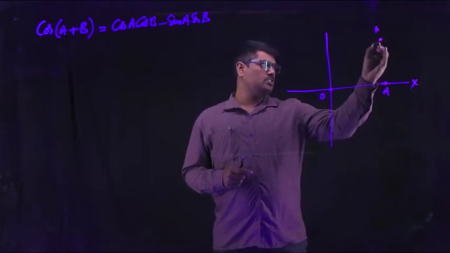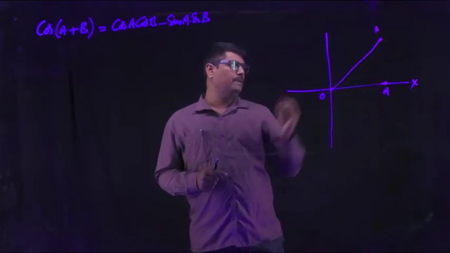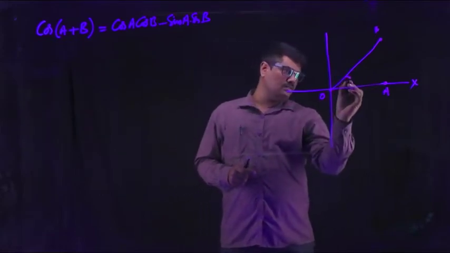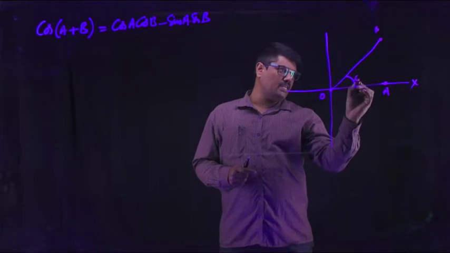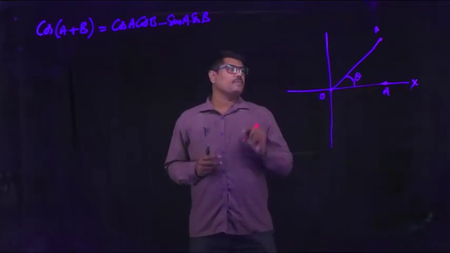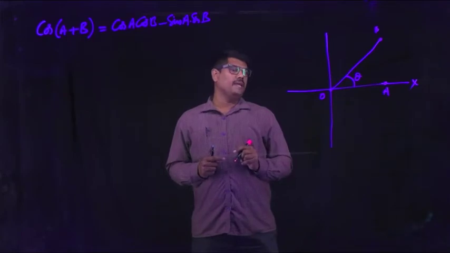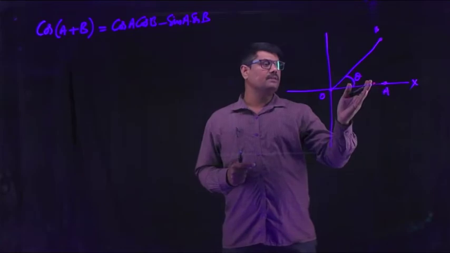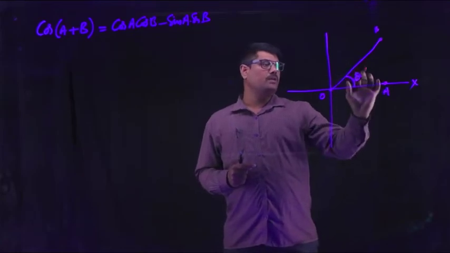Join the point B to the origin. Let us consider the ray OB makes an angle theta with the x-axis.